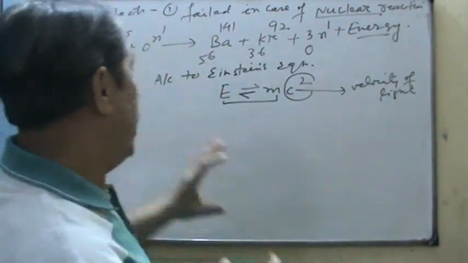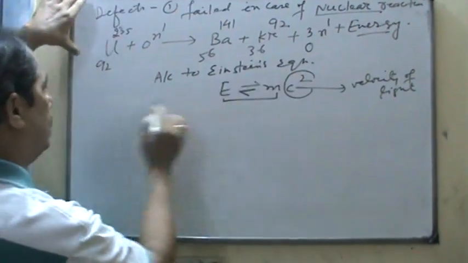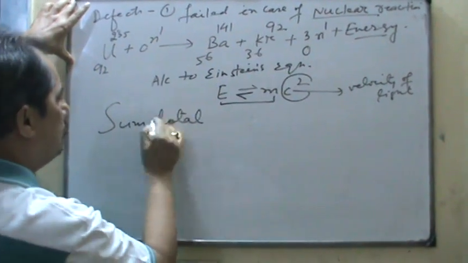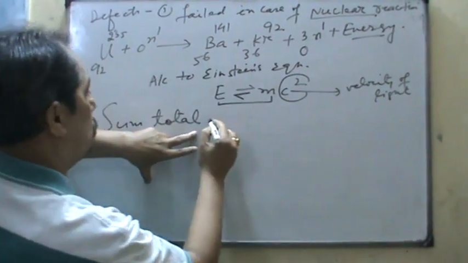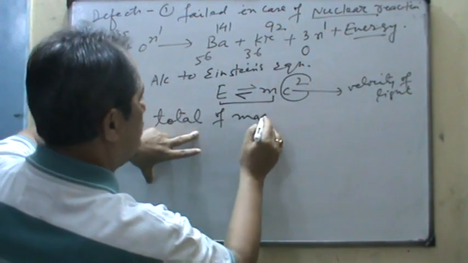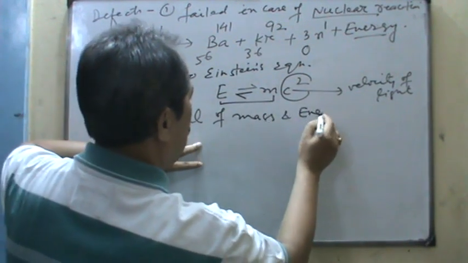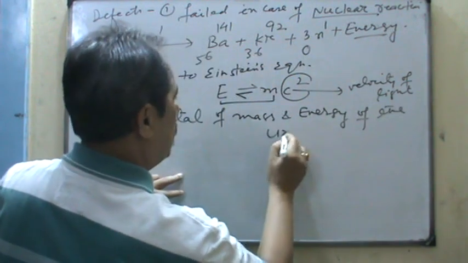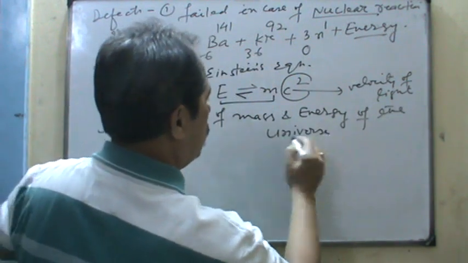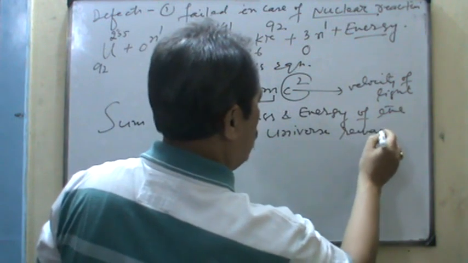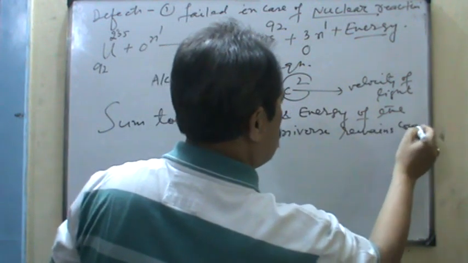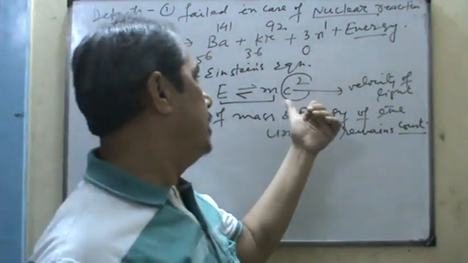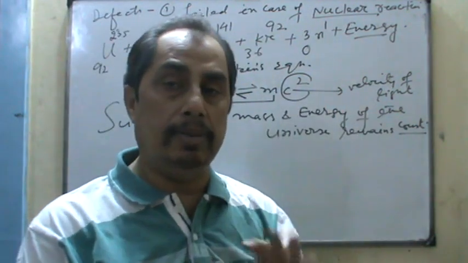So during any physical change or chemical reaction, the sum total of mass and energy of the universe remains constant. Whatever mass goes to energy, energy changes into mass, they are interconvertible.